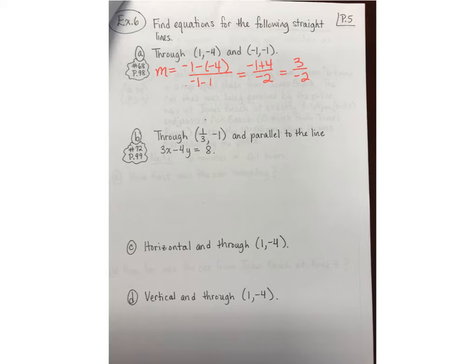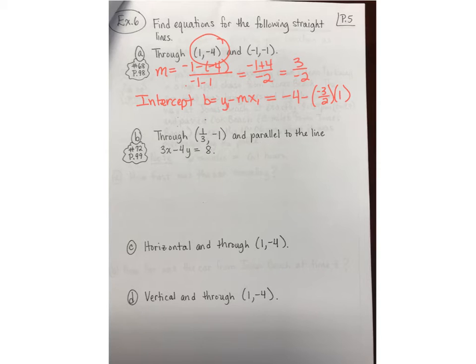Now, we want to find an equation for that line. We found the slope, so now let's find our y-intercept. So that's b equals y1 minus m times x1. Well, choose one of the points. I'll choose (1, -4). So that will give us -4 minus our slope, which is -3/2, times 1, which was our x value here.